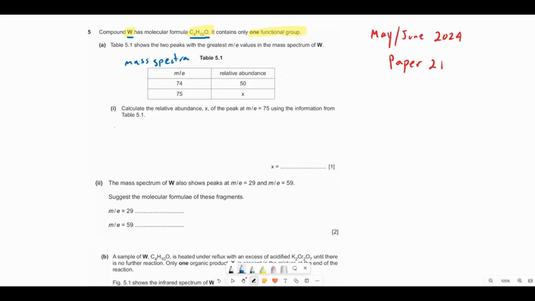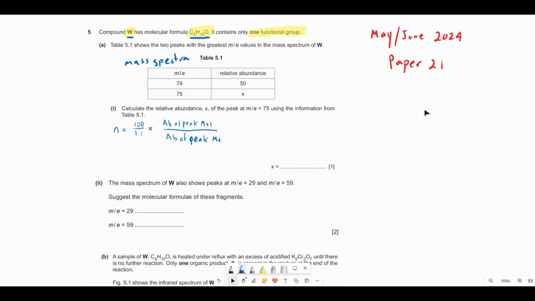We learned that the number of carbons, N, in a compound is equal to 100 divided by 1.1 times the relative abundance, we'll call this AB for abundance, of the peak M plus 1, over the relative abundance of the peak at M plus.